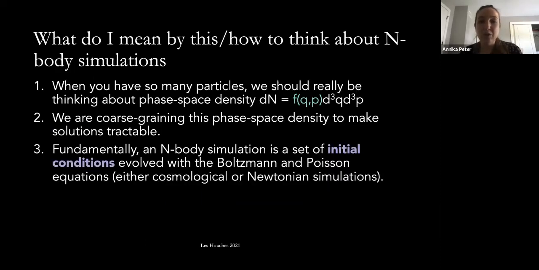So there are two things that we need now in order to run simulations. One is we need a set of initial conditions, and two is we need some way of tracking the trajectories of all these particles.